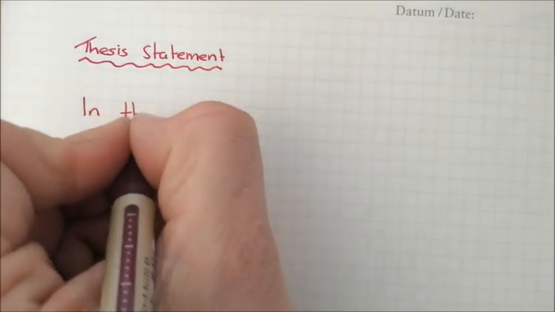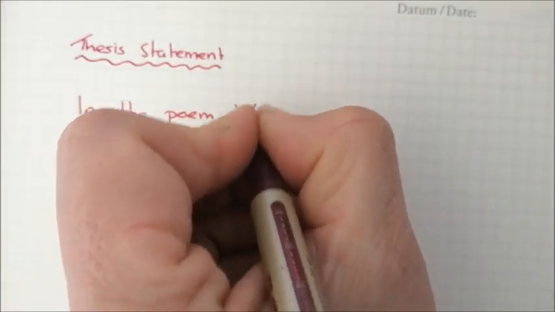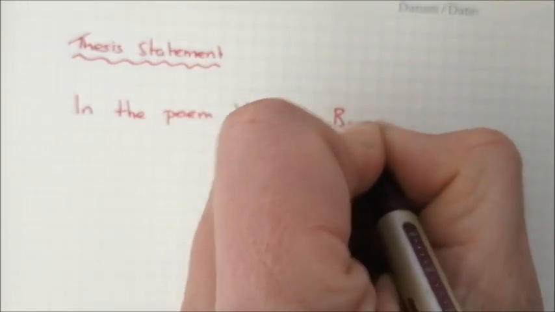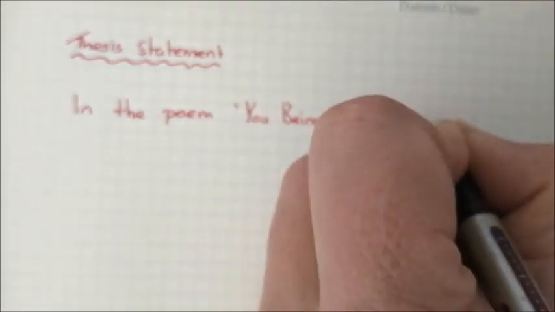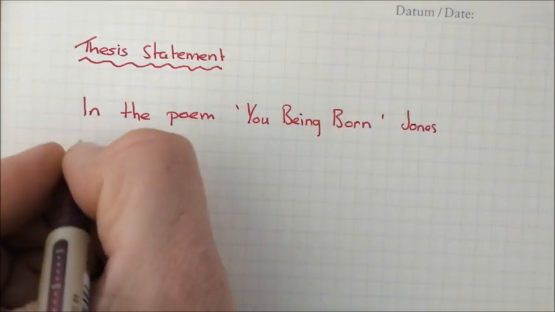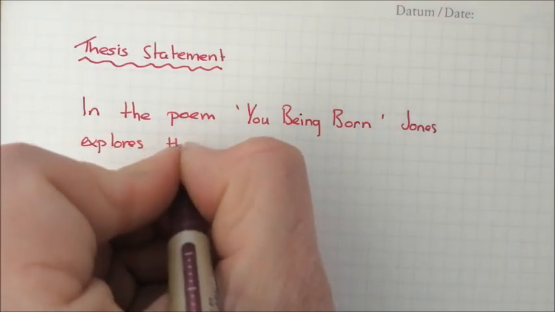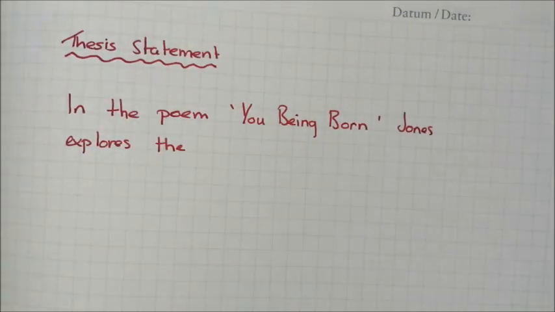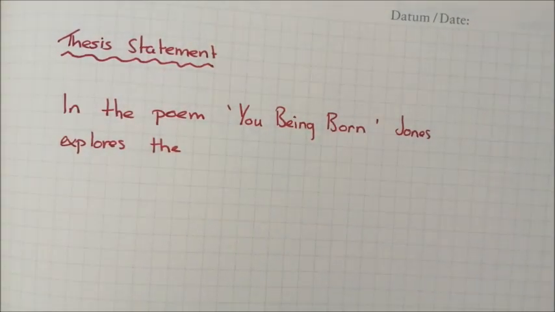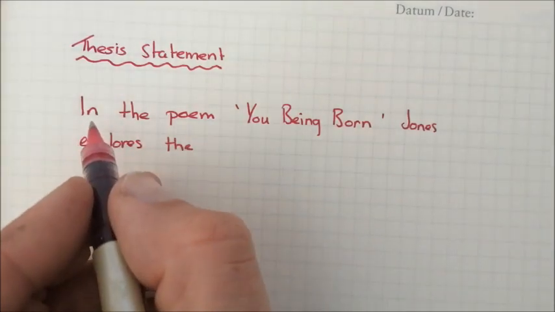In the poem You Being Born, Jones explores the, well, now what emotions do I know it's about? Well, if I look at this and I look at my notes from before, I know that it's about joy and transformation, okay? So that's what I'm going to put.